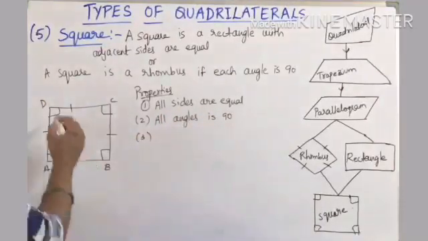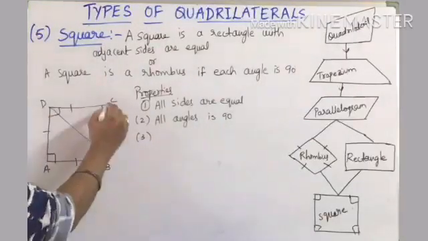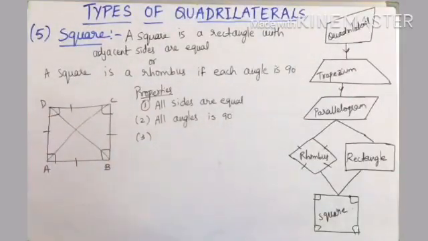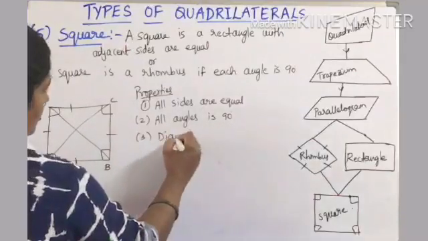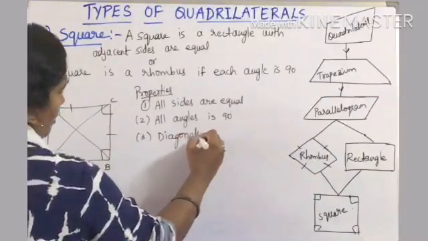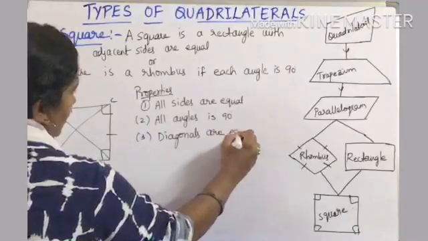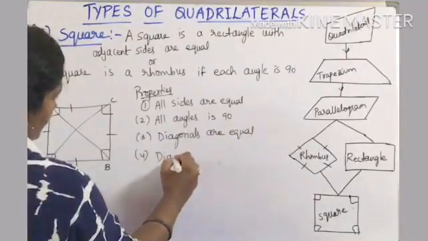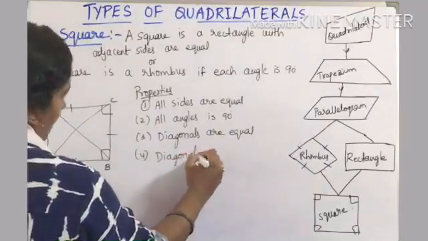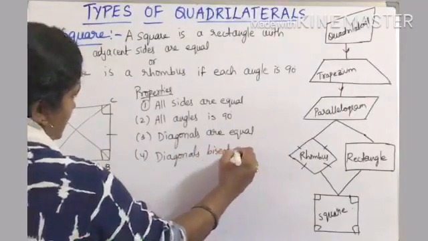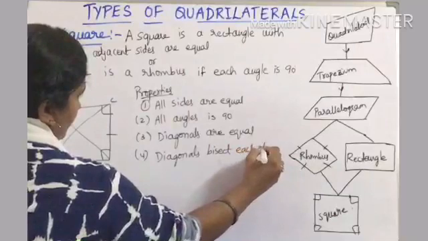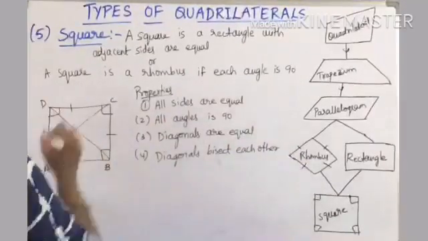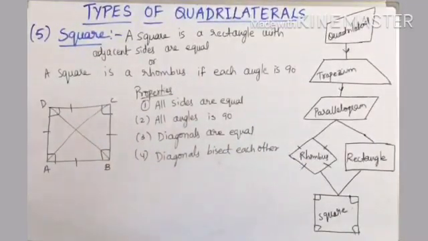Then what about the diagonals? Same like rectangle only, diagonals are equal and diagonals bisect each other. Diagonals are equal. And fourth property, diagonals bisect each other. So these are the properties of square.